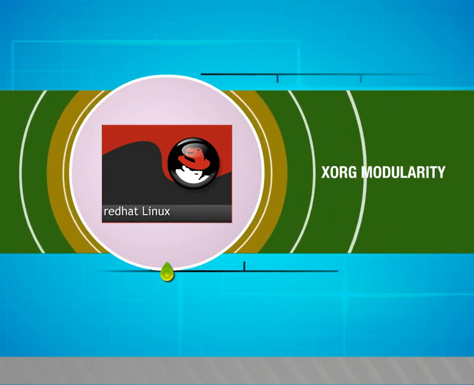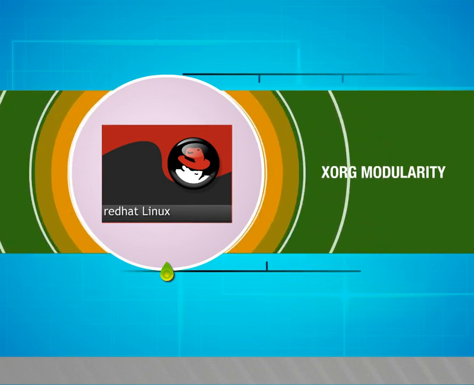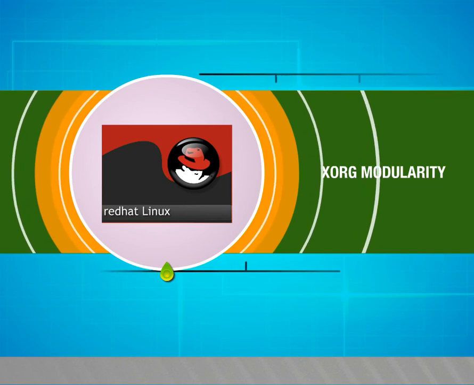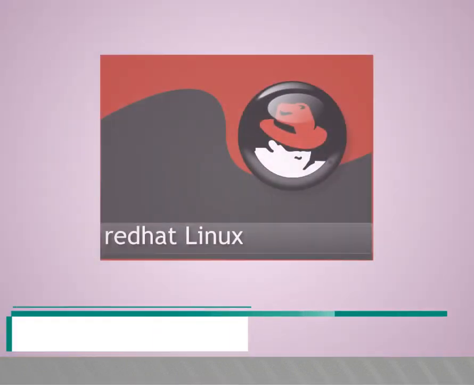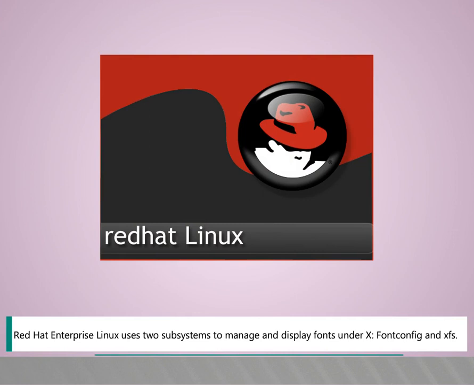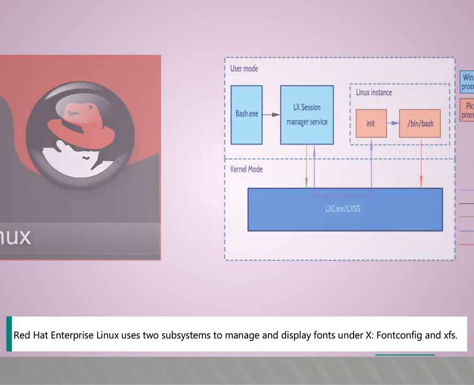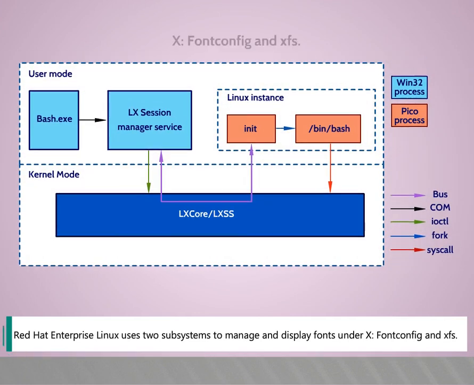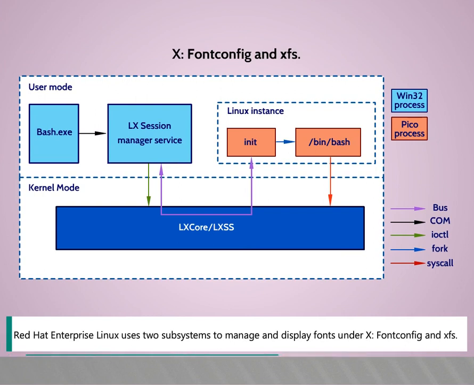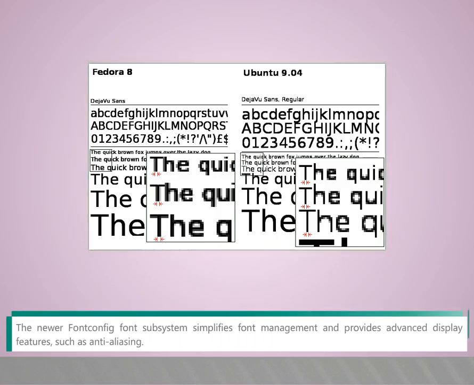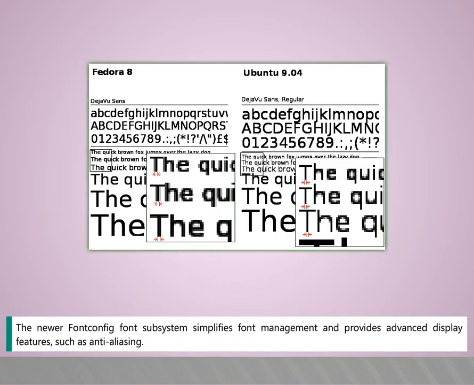Xorg modularity. In this video, we are going to see about Xorg modularity. Red Hat Enterprise Linux uses two subsystems to manage and display fonts under X: Fontconfig and XFS. The newer Fontconfig font subsystem simplifies font management and provides advanced display features such as anti-aliasing.